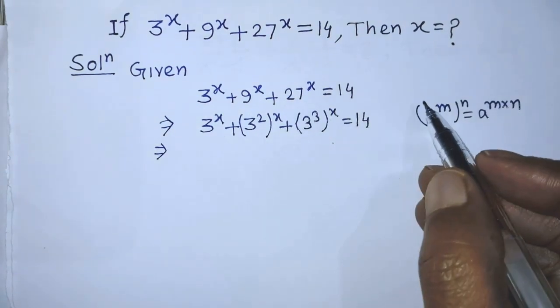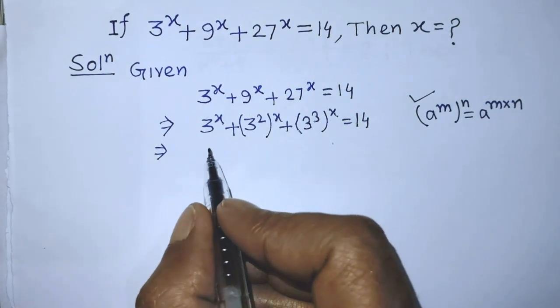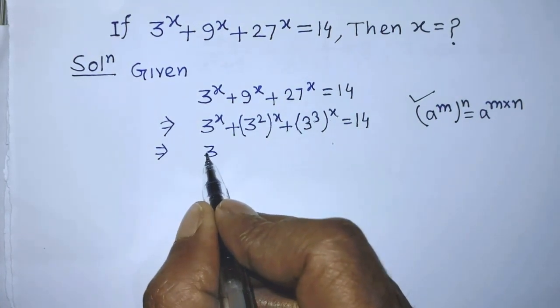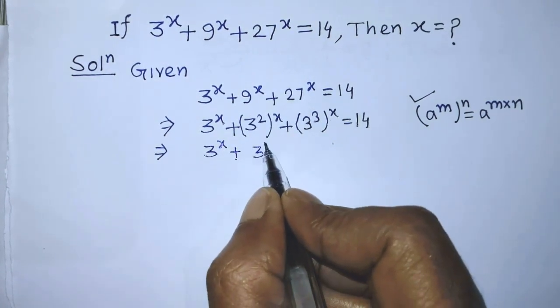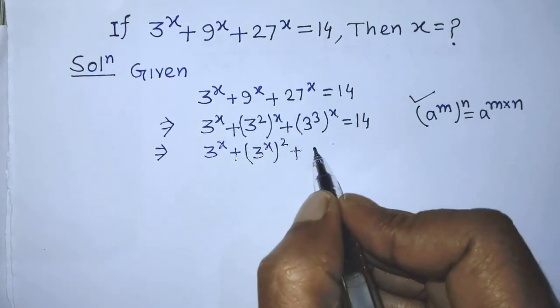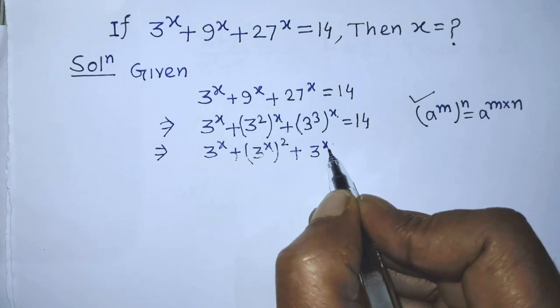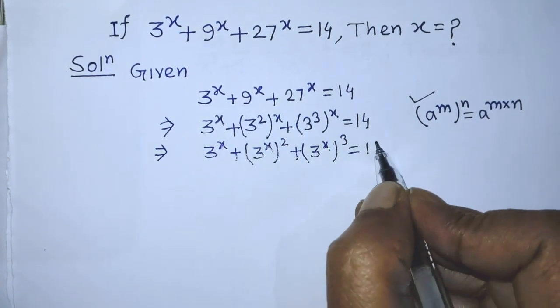So student, according to this formula we can write from the left hand side 3^x + (3^x)^2 + (3^x)^3 = 14.